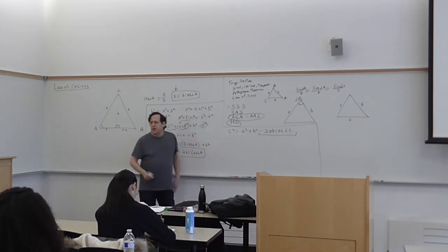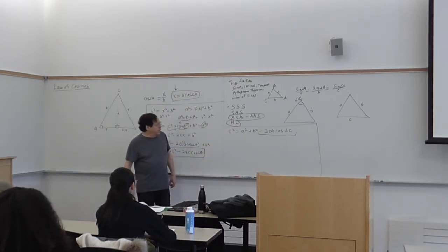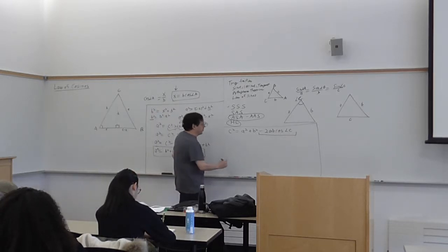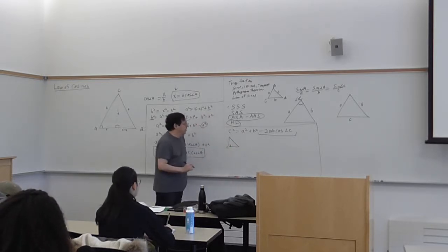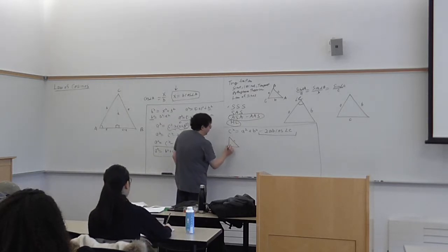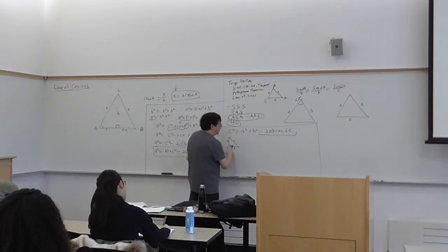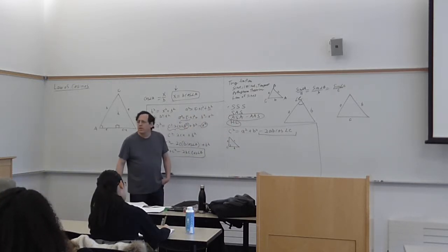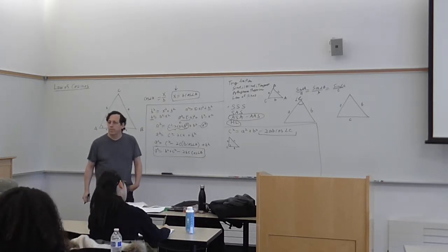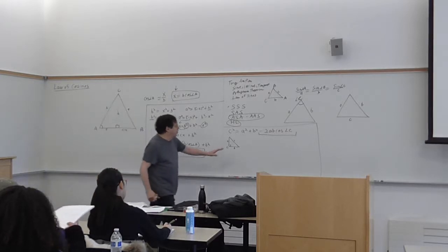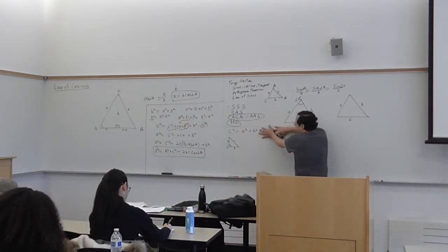This theorem is not limited to any kind of triangle, the way a right triangle is, but if we had a right triangle, and my right angle here was C, so this would be the hypotenuse, and A and B would be the legs. Well, what's the cosine of 90 degrees? 0. Yeah. So in a right triangle, this just becomes the Pythagorean theorem.